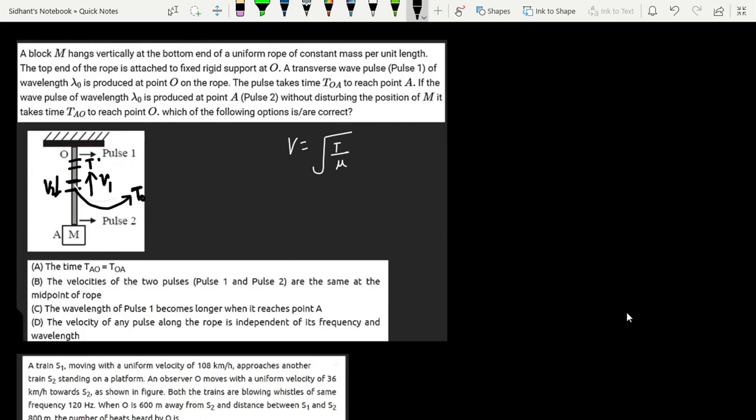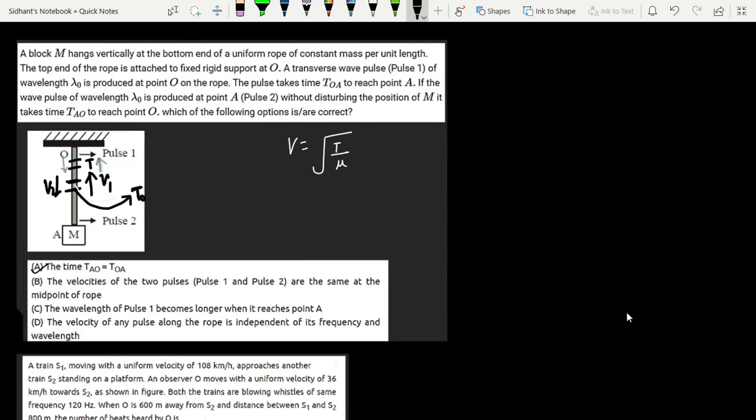T dash tension is common for the upward velocity of the pulse and the velocity coming from pulse 1 in the downward direction. So if velocities are same, then time interval will also be what? Time interval will also be the same, correct? So first option is correct now.